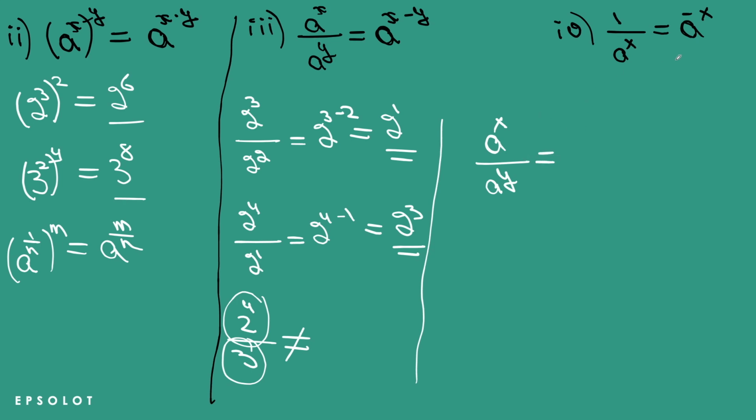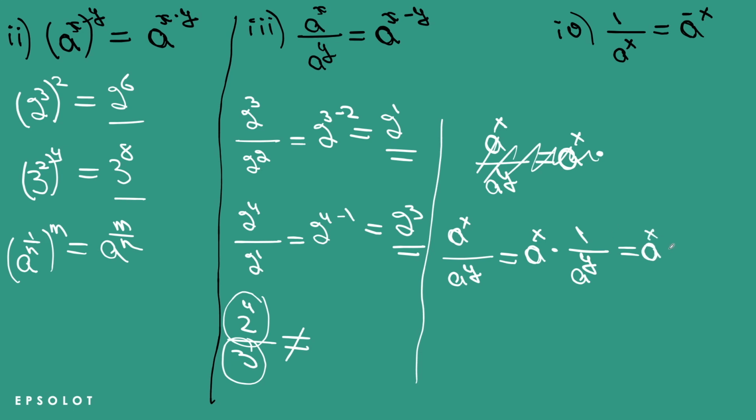Now, using this rule number 4, I'm going to rewrite this as a to the power of x multiplied by, because it is being divided, this can be rewritten as a to the power of x multiplied by 1 over a to the power of y, correct? Because if we multiply them together, then I would get this fraction again. I can rewrite this fraction using this rule, as a to the power of x multiplied by a to the power of negative y.